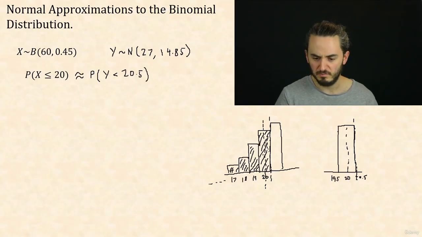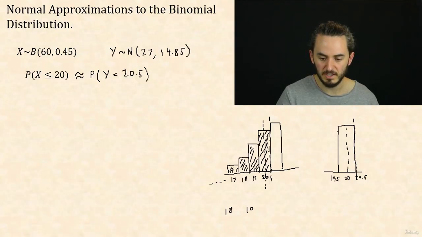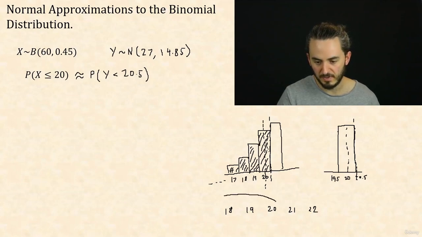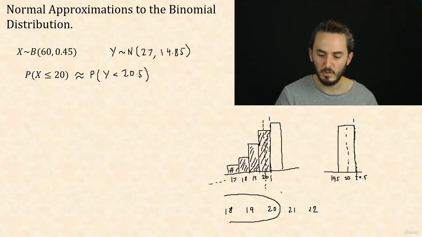One way that I do this, I don't want to be drawing out bars all the time, is I write out some numbers that are around my target number, which is 20. And I say, well, if I want everything which is less than or equal to 20, I scoop up all the things which are less than or equal to 20. And what I can see is, where have I cut through?